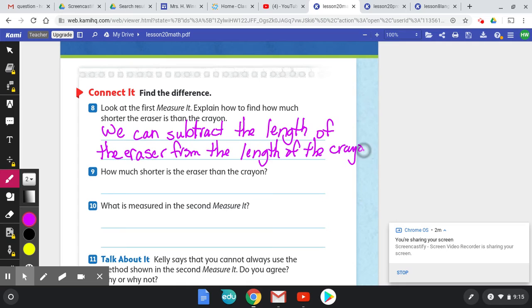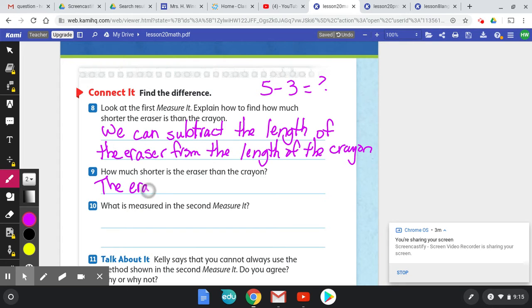Now remember, we're going to put that eraser first when we're talking, because we're taking the length from the shortest from the length of the longest. But if we wrote it out, then you would write it out with the crayon first, because the crayon was 5 inches minus the eraser, which is 3 inches. So you have to be careful with your language when you're writing it compared to when you're doing just number sentence. So how much shorter is the eraser than the crayon?